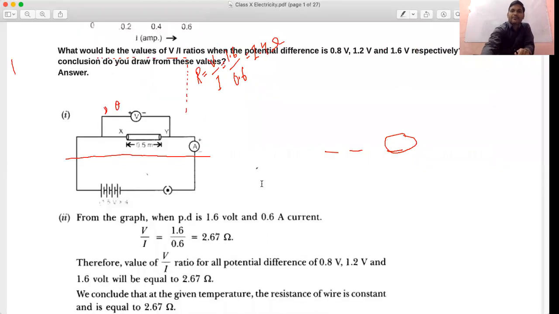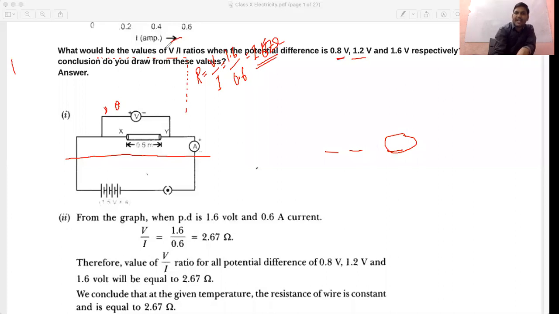So if the slope of the graph is constant, then each and every time the ratio of V and I is going to be 2.67 only.